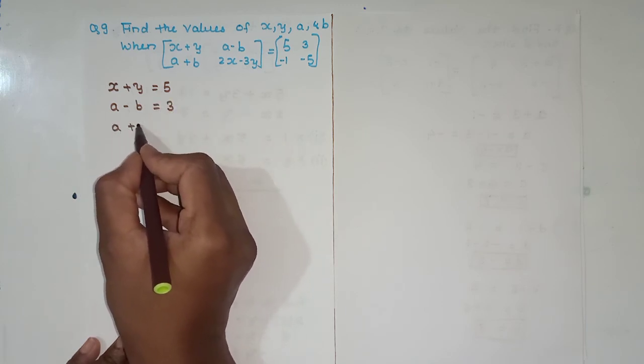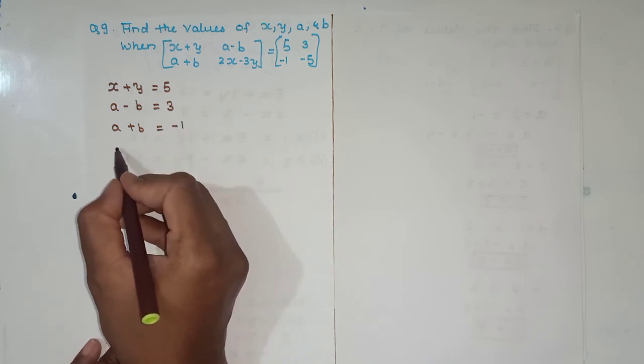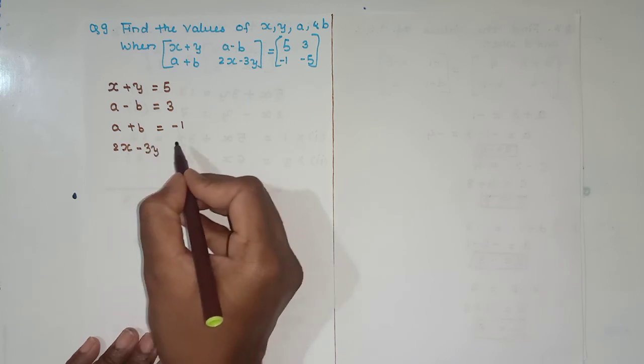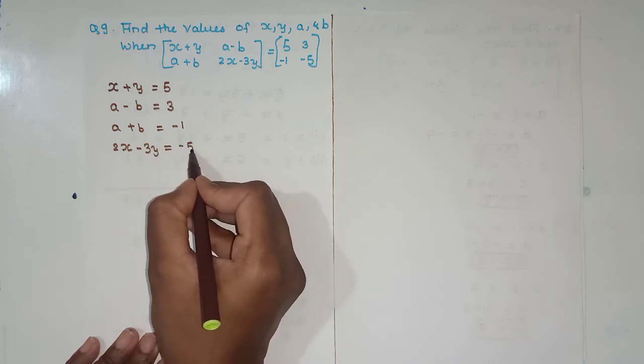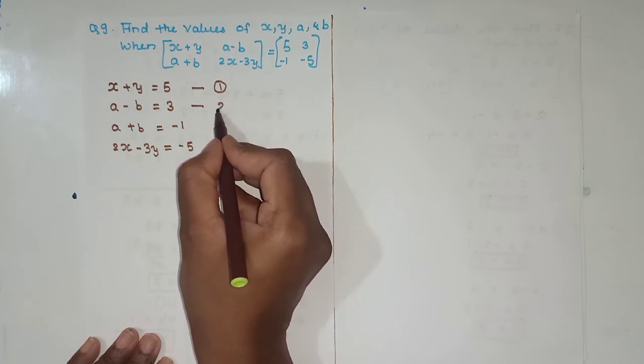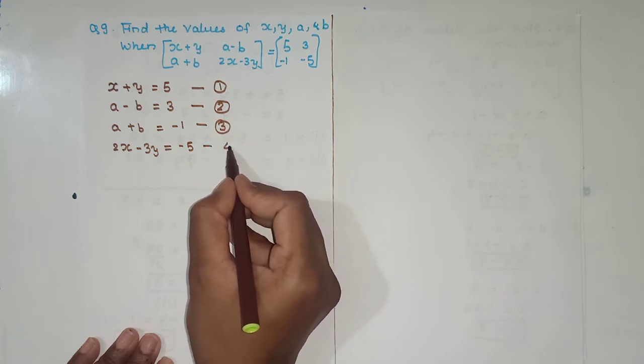A plus b equals to minus 1. And 2x minus 3y equals to minus 5. Let's give its numbering: equation 1, equation 2, equation 3 and equation 4.